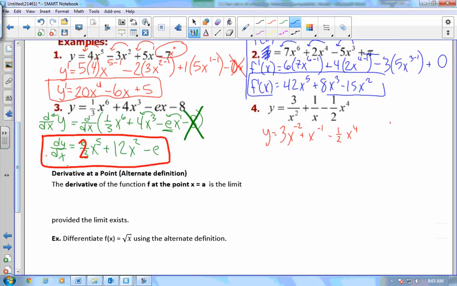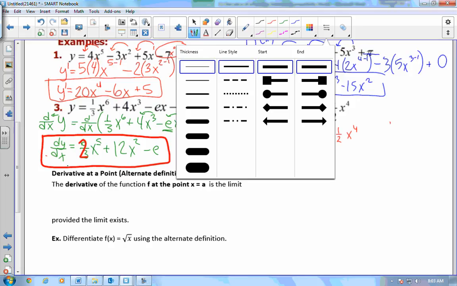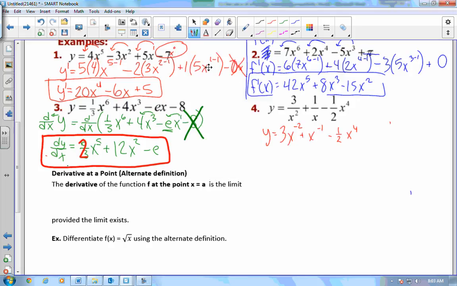And then at the end, make sure if you have negative exponents, you put them back in the denominator. I like these. Kind of fun.